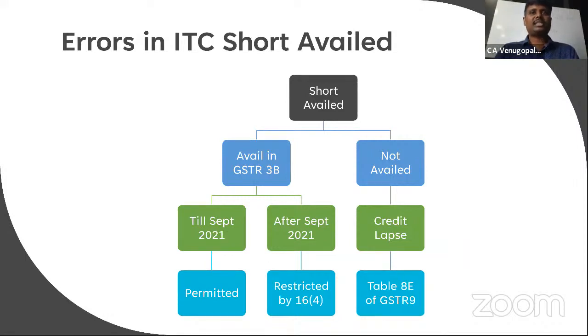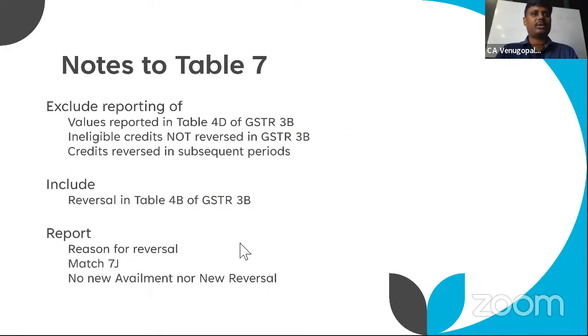Then comes the last table, table 8. Before table 8, there are certain notes to table 7. Please exclude the values that are there in 4D. 4D did not participate in input tax credit. There is a mistake people make: reporting in 4D and also reporting in 7. Do not do that.